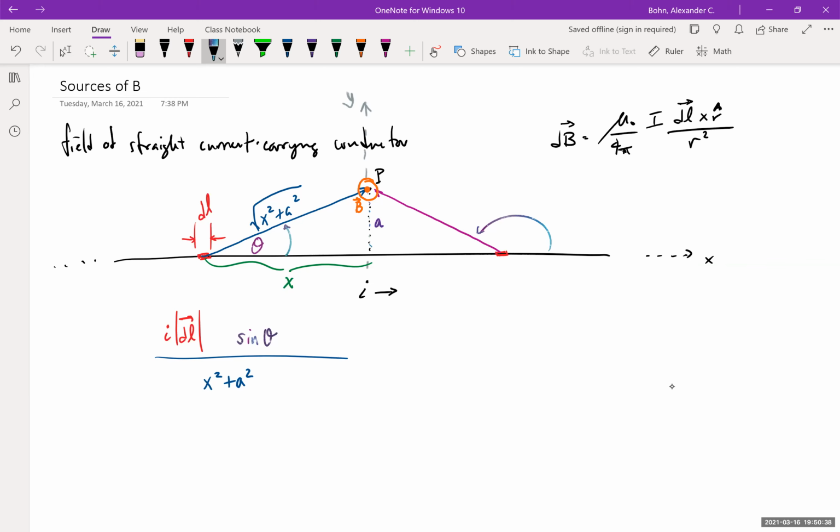Oh, wait, hold on. Before I get ahead of myself, let me finish writing. We got mu0 over 4 pi equals dB vector. But sine theta is A over that thing.